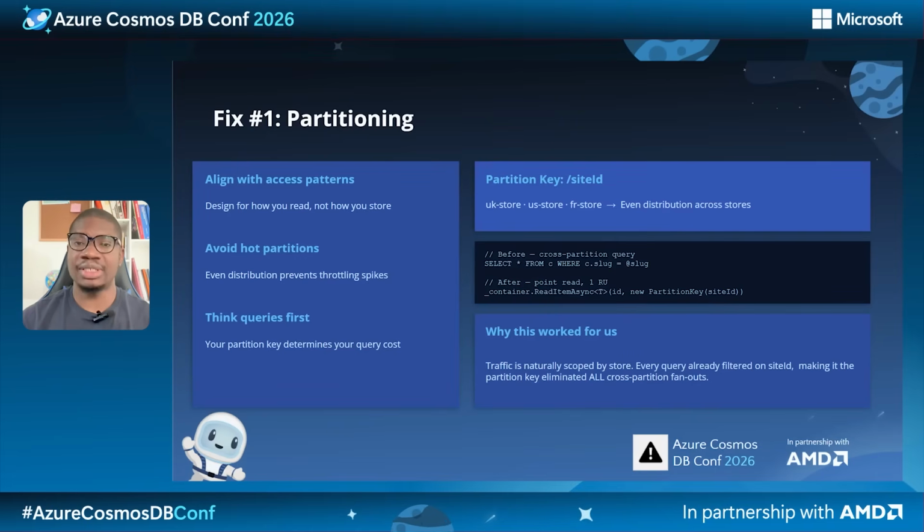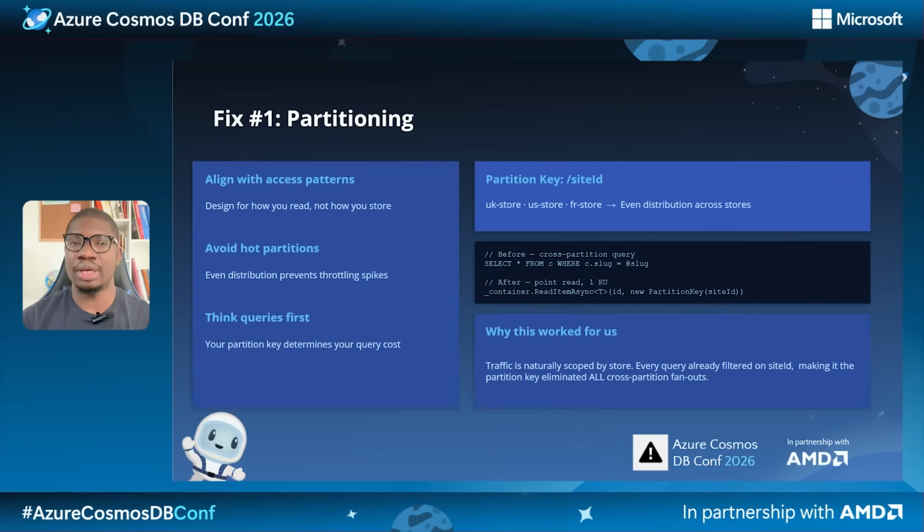The first fix we had was partitioning. Partitioning isn't just about spreading data evenly. That's just a side effect, not the goal. The real question is, how does your application actually read and write this data under load? You choose a partition key that aligns with your traffic boundary and your most common read path. In our case, that was the site ID.